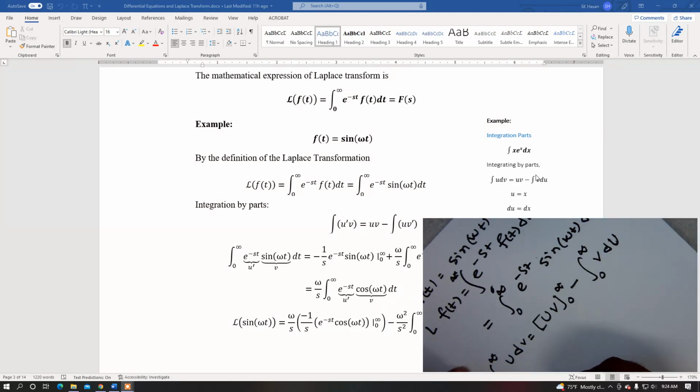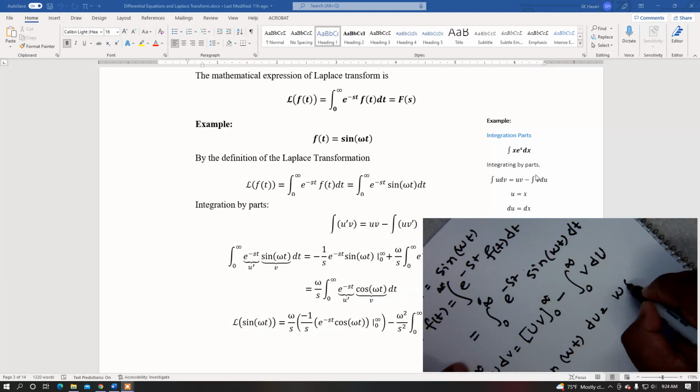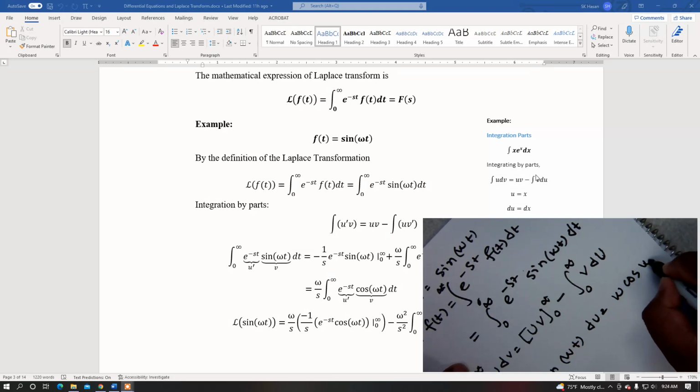Here we'll consider u equals sine omega t, so du equals omega cos omega t dt, because du over dt equals omega cos omega t.